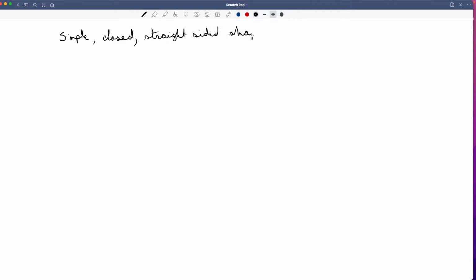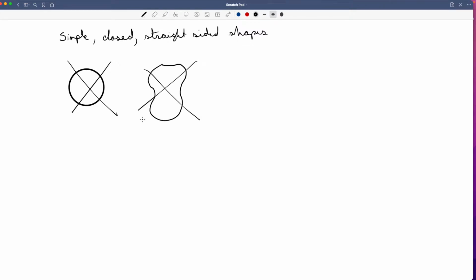Or straight-sided shapes. What that means is a circle is not a polygon. A shape like this is not a polygon. A shape like this is not a polygon.